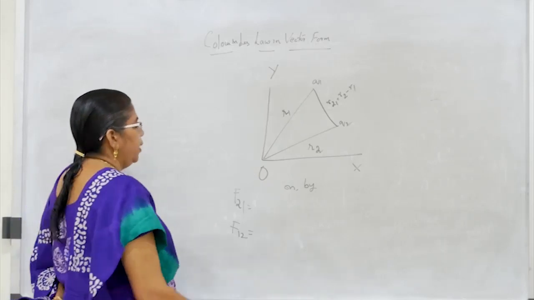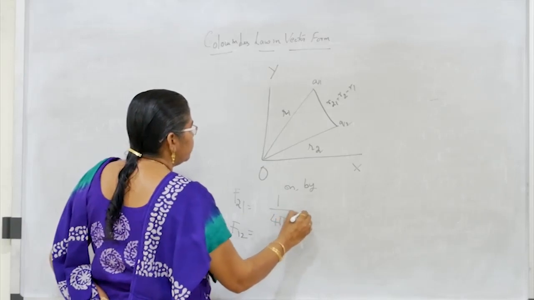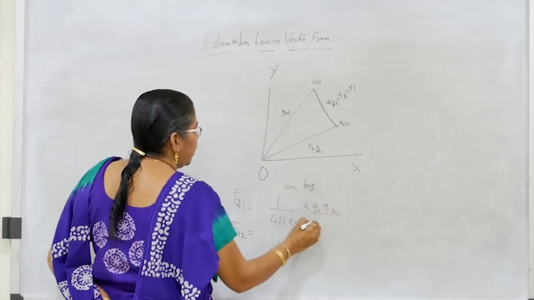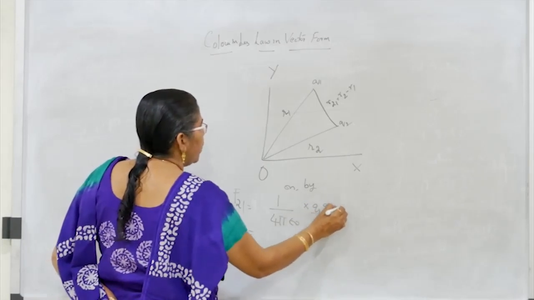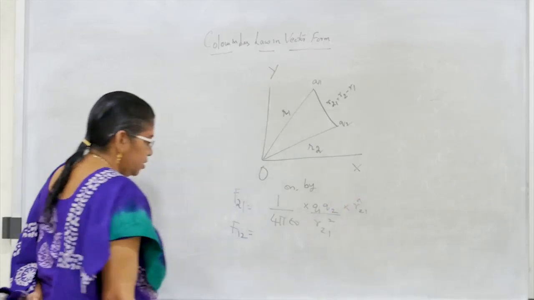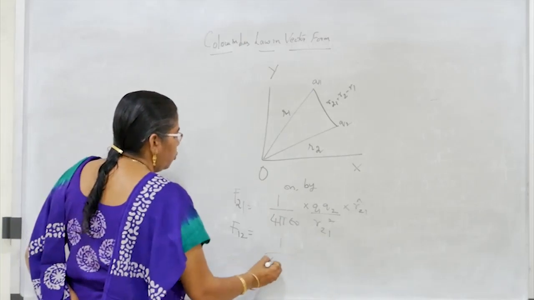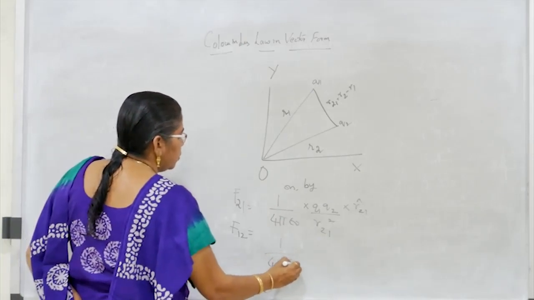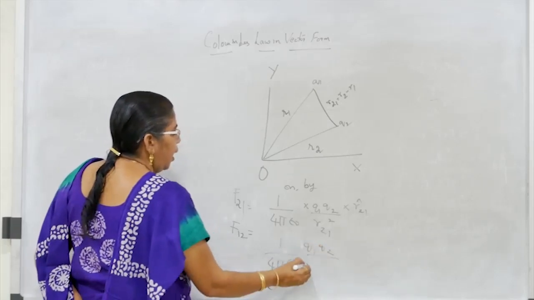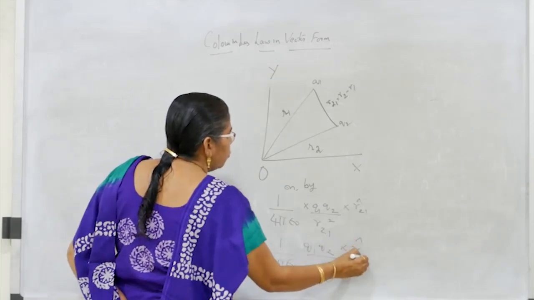F21 is given by 1 by 4 pi epsilon naught into Q1 Q2 by R21 square into R21 cap. Similarly, F12 is given by 1 by 4 pi epsilon 0 Q1 Q2 by R12 square into R cap 12.